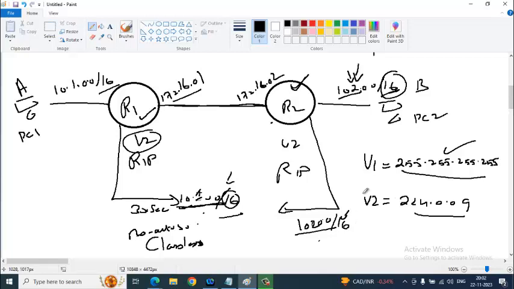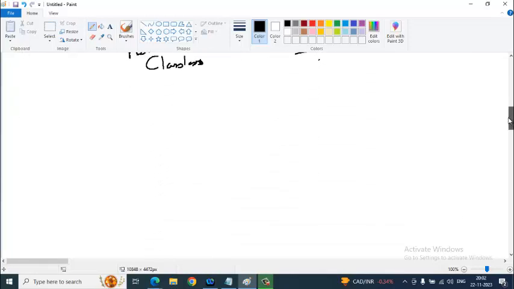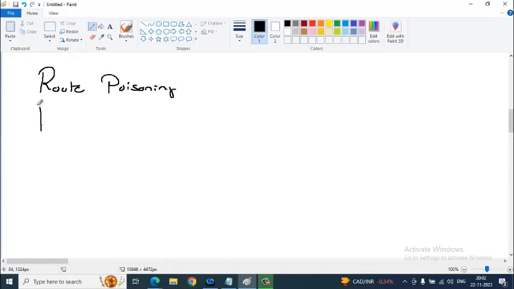These two things I would like to teach after our lab. Now, to understand poison reverse, we will also learn another thing called split horizon. All right, so let us come to this one later. Now let's go to the lab.